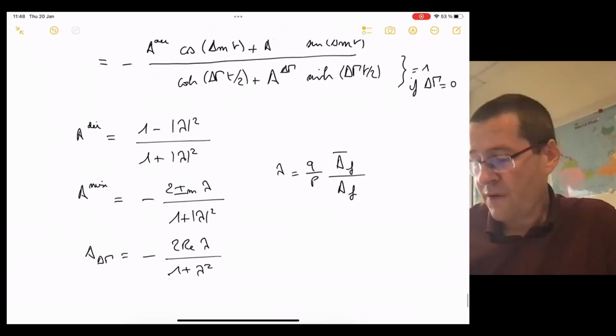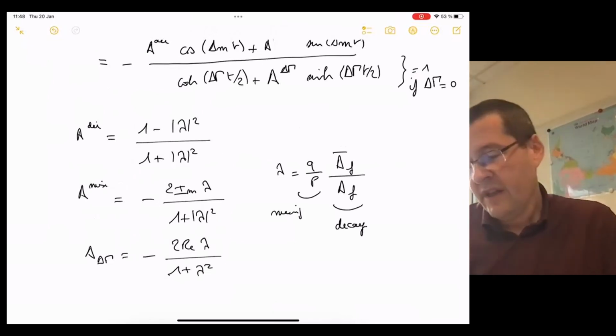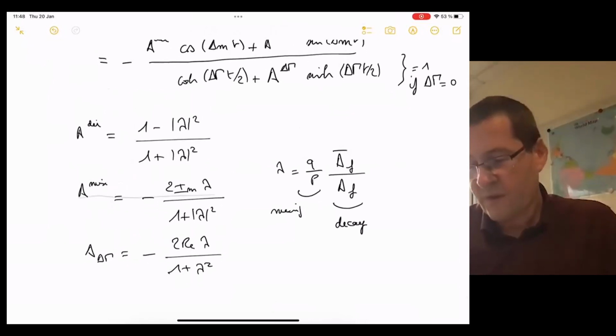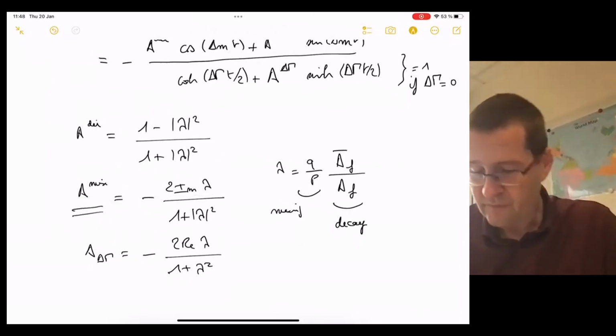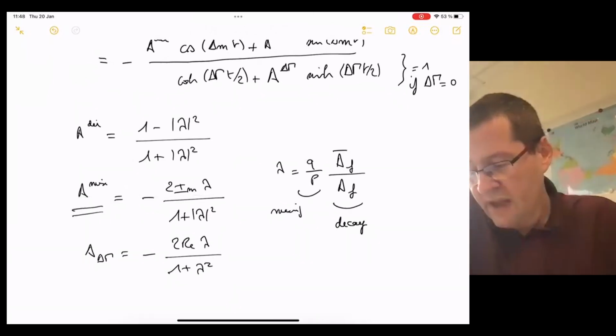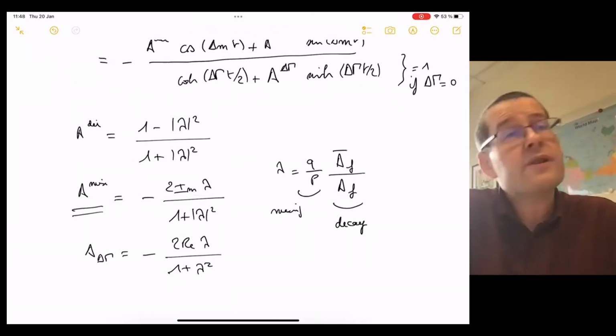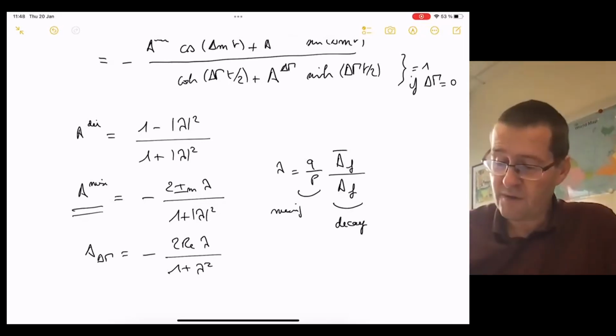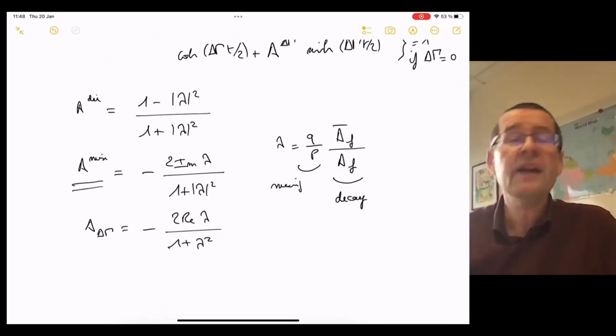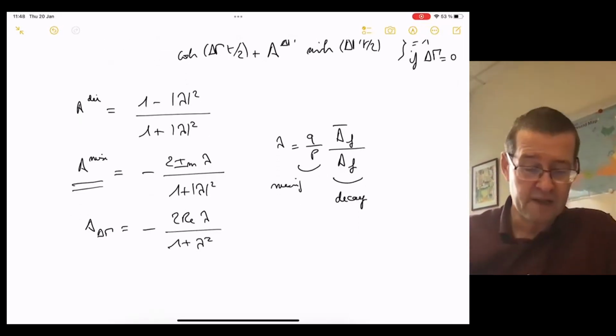You've got the mixing here, the decay, and you see that at least A_mix is sensitive to the presence of an imaginary part in lambda, so the fact that you have a relative phase between the mixing and the decay.